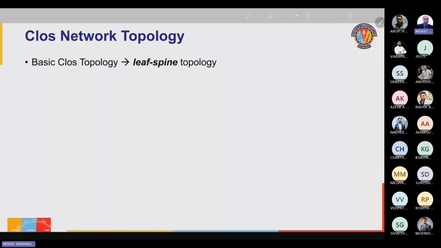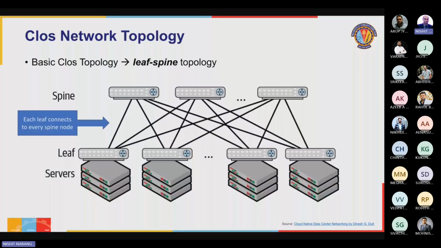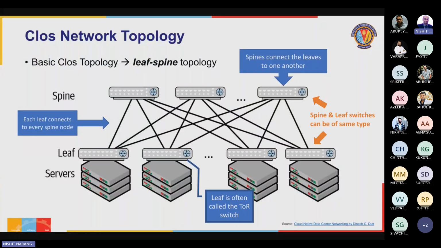If you recollect, what we were discussing last time was the modern architecture, the topology for the leaf spine for the modern data center network. We said the Clos network topology, and within the Clos network topology, one of the most basic topologies, which is also called the leaf spine topology, is one of the most often used topologies in modern data center networks.